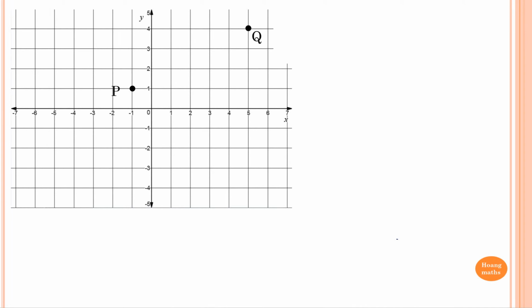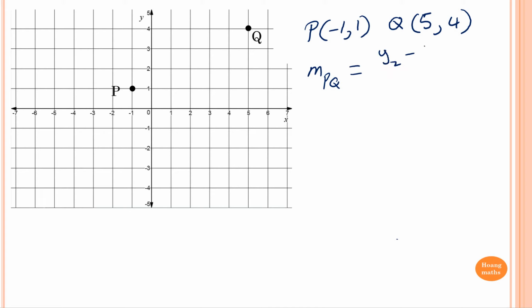We want to find out the gradient of points P and Q. Point P is (-1, 1) and point Q is (5, 4). We know that the gradient of PQ, the rule is y2 minus y1 all over x2 minus x1.